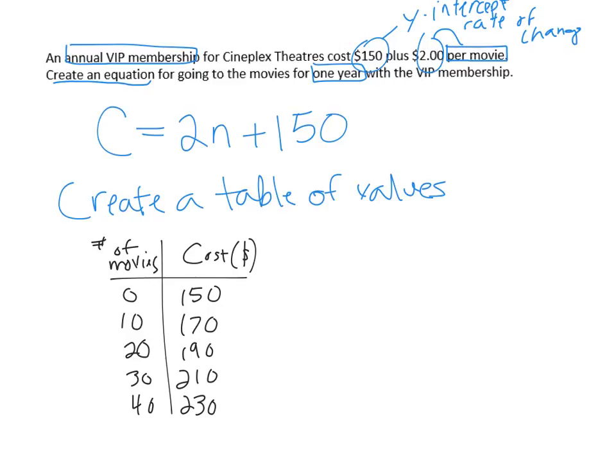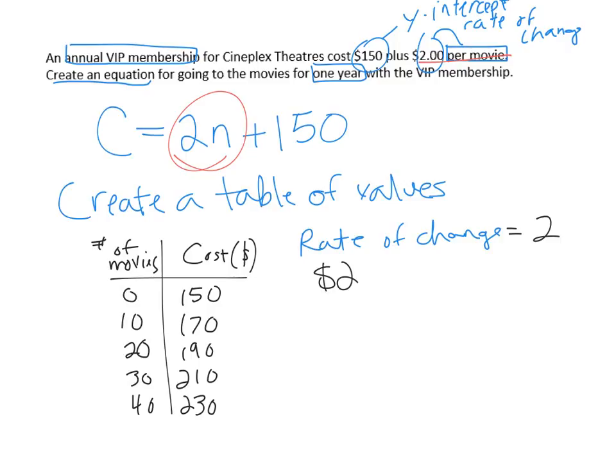Now, what if they wanted to know the rate of change? Well, it's easy to find the rate of change just based on my equation and the verbal model. It's $2 per movie, so the rate of change equals $2, right? Which represents $2 per movie.